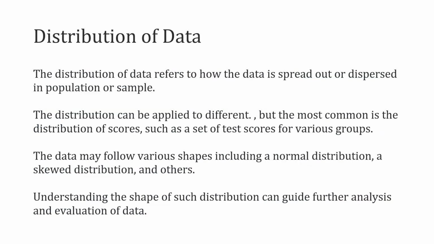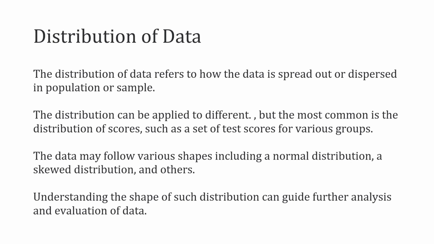Here we will introduce another term called distribution of data, which will be explained in later videos in more detail. The distribution of data refers to how the data is spread out or dispersed in populations or samples. The distribution can be applied to different populations, but the most common is the distribution of scores, such as test scores for various groups in educational research.